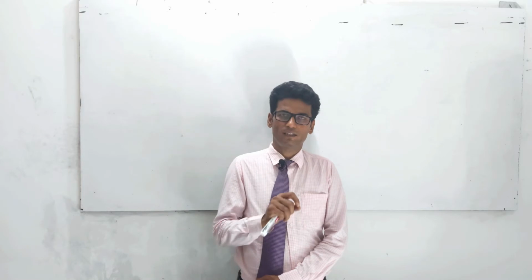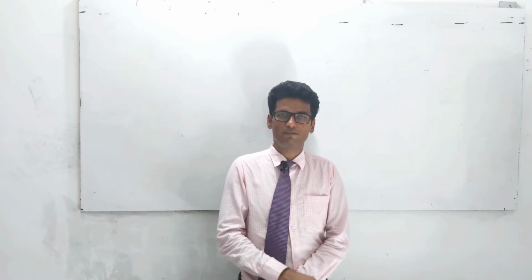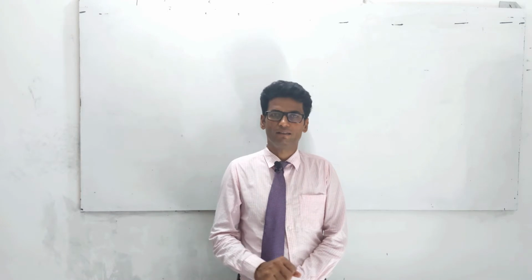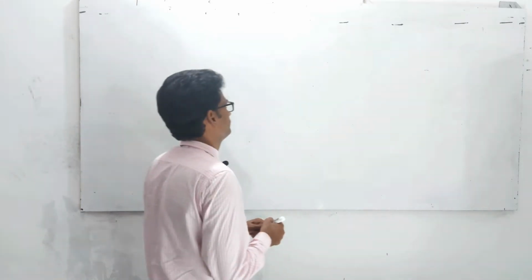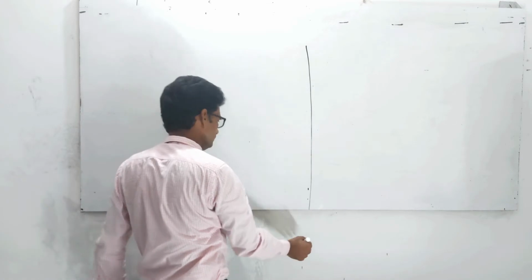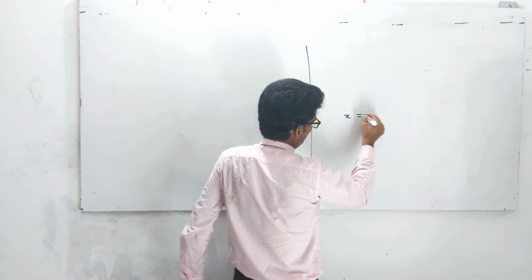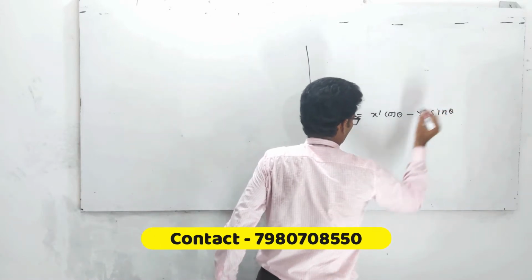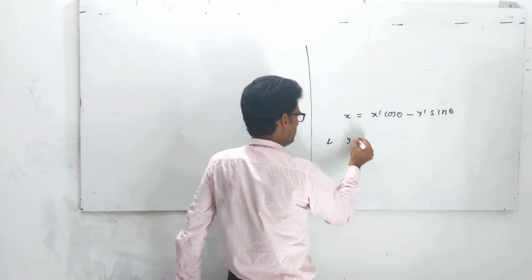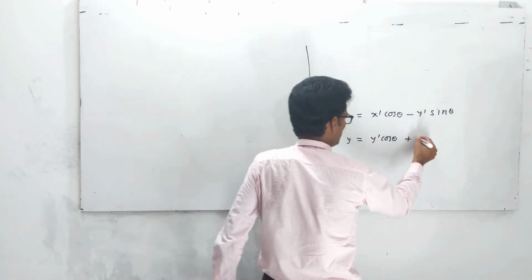However, the x prime y prime frame is rotated with respect to the xy frame, keeping the origin fixed, by an acute angle theta, and the relation was, look at the board. x is equal to x prime cos theta minus y prime sin theta, and y is related as y prime cos theta plus x prime sin theta.